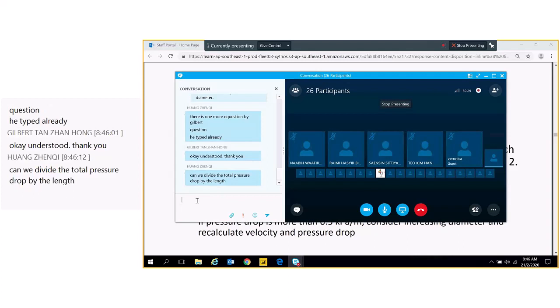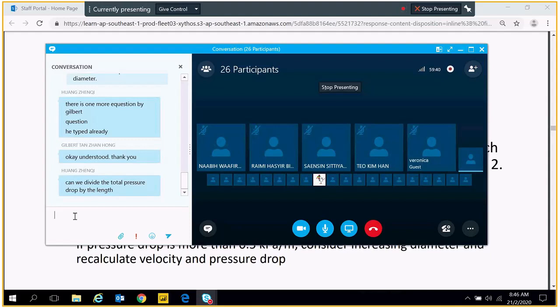Now, you may want to divide total pressure drop by the length. You may do that, but you need to state your assumptions. The first assumption is constant diameter. Secondly, the same type of material, for example commercial steel, carbon steel, copper, bronze, throughout the entire length of the pipe.